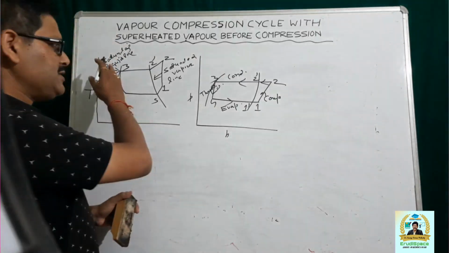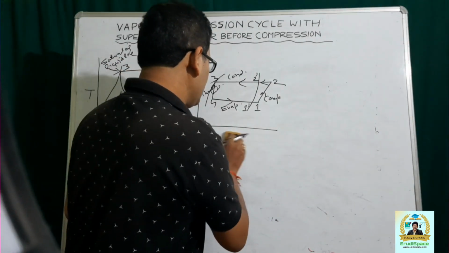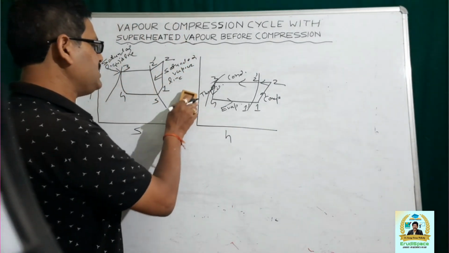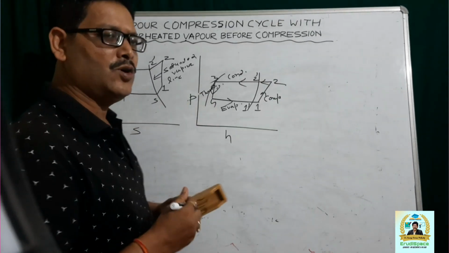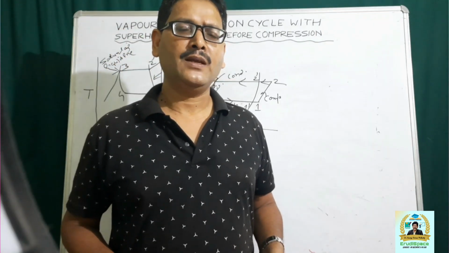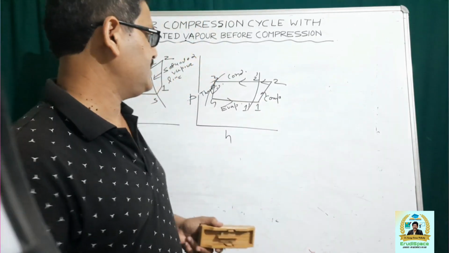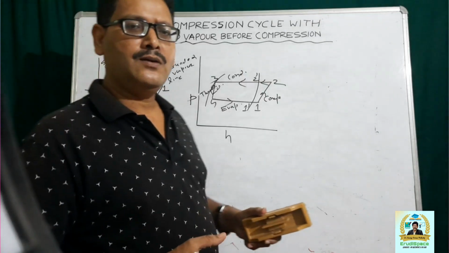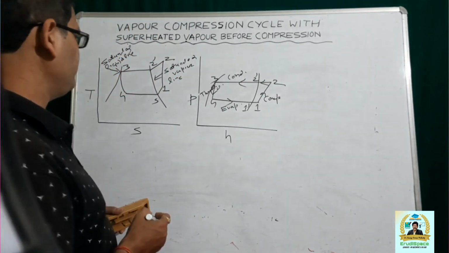And whatever is being shown in the TS and PH diagram actually refers to the condition of the refrigerant, which is the working substance and flows through all the components like the compressor, condenser, expansion valve or refrigerant control valve, as well as the evaporator. Now, we'll analyze the different processes.